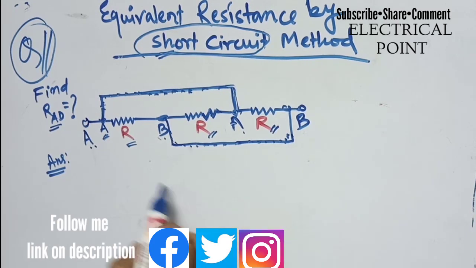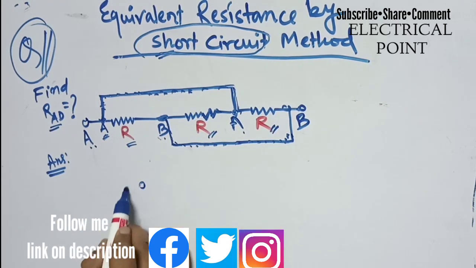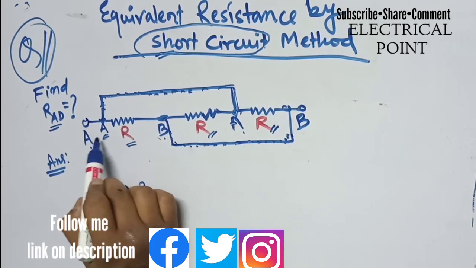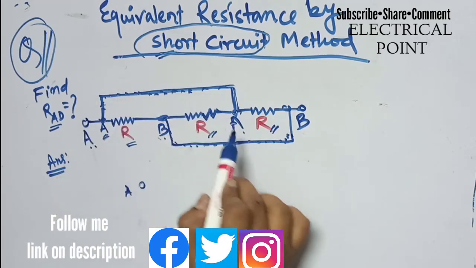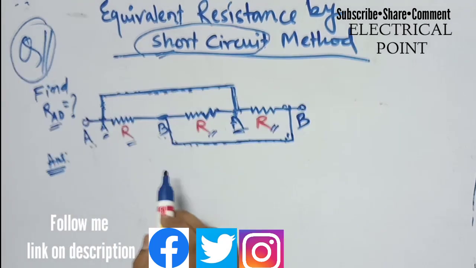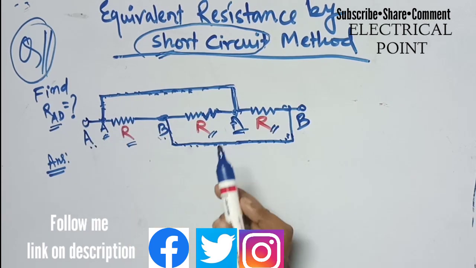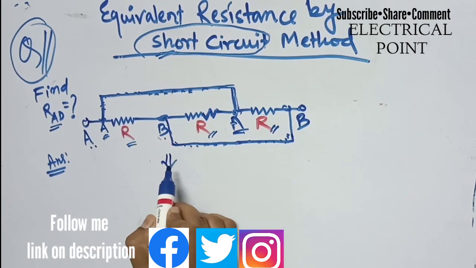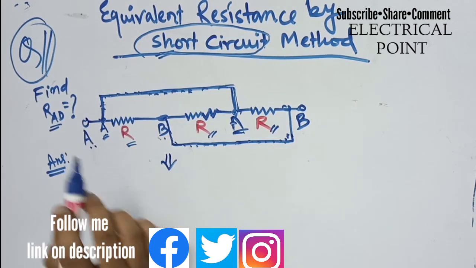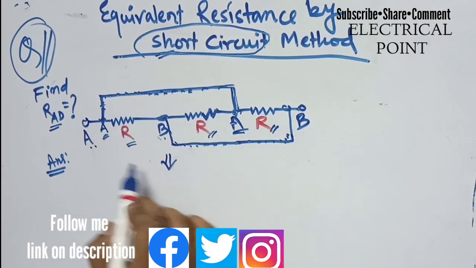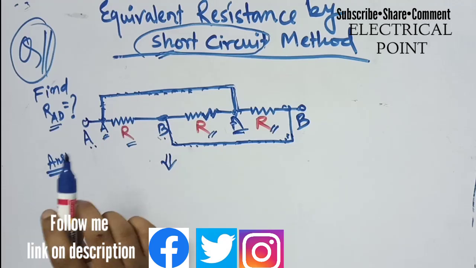Now after doing this I will simplify the circuit and rewrite the circuit diagram. After rewriting the points, you see how many points we have finally.